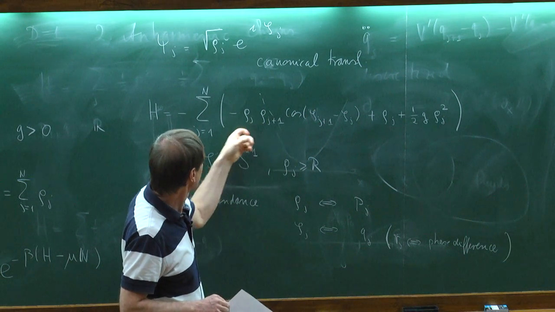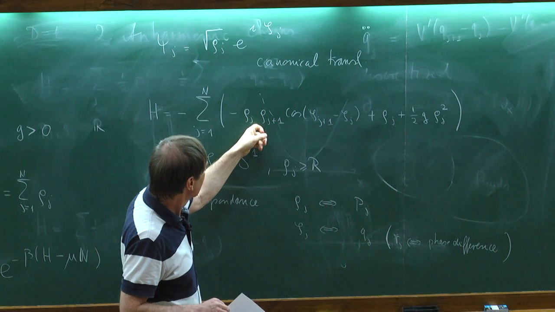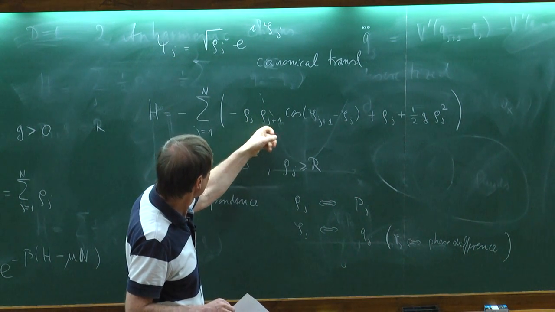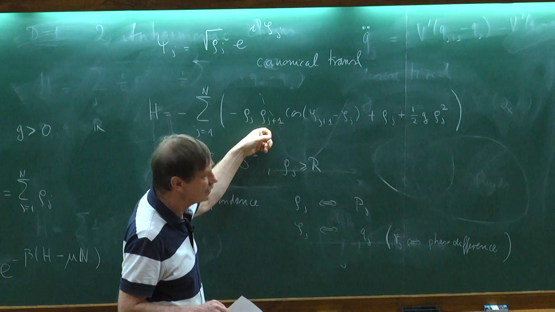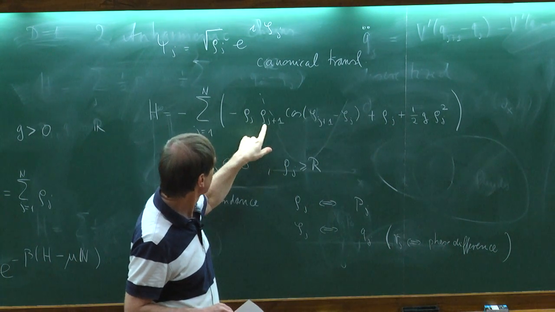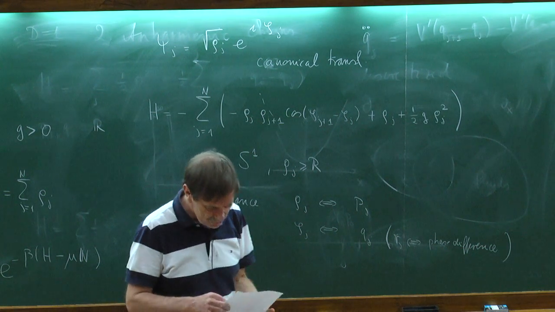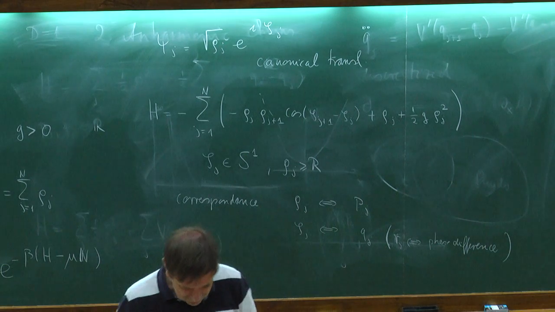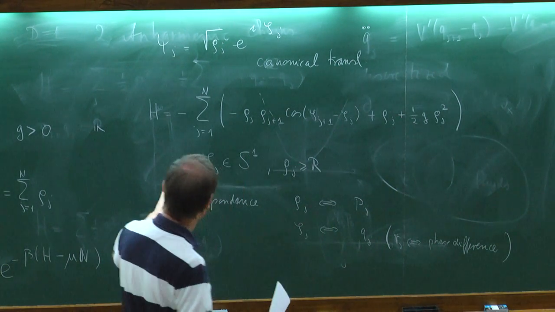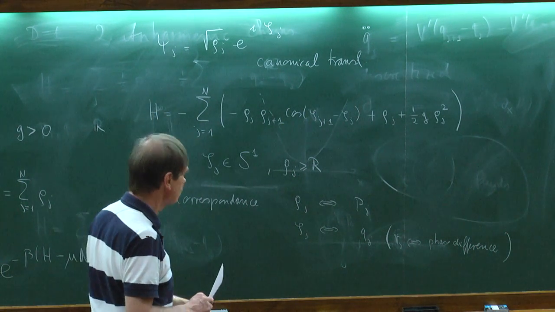If I look at e to the minus beta h, it is not really independent. You still see this nearest neighbor coupling. Here I can introduce the differences and then it looks independent, but here I still have a coupling, so I cannot make it a product measure. Okay, so this is a small insert, and maybe I will have a chance to say something more about the system as I go along.